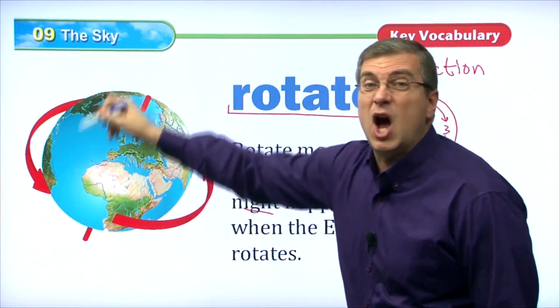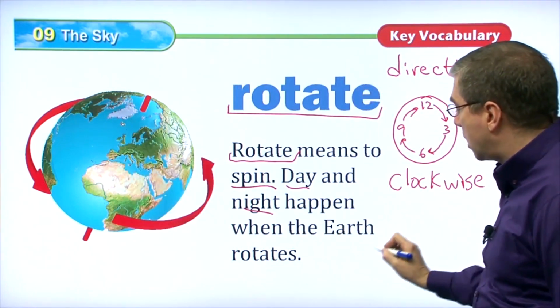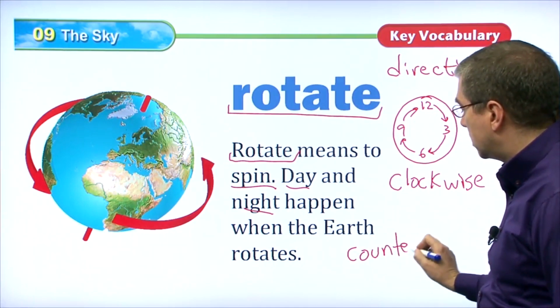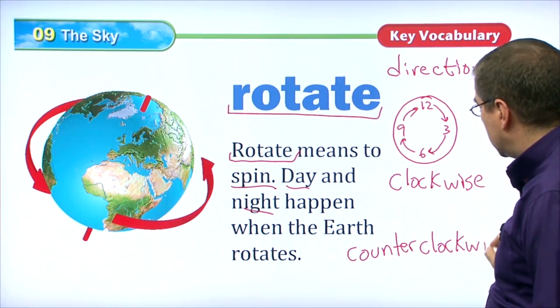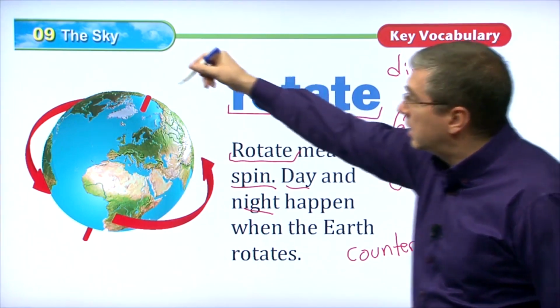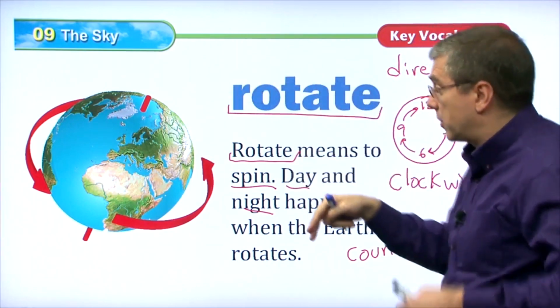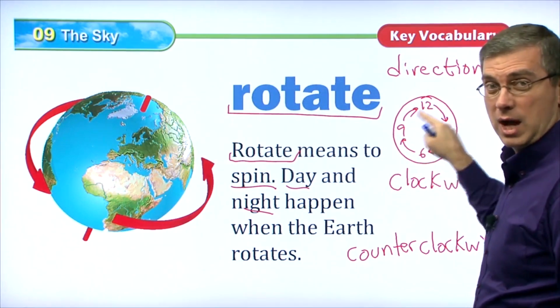However, the Earth doesn't rotate in a clockwise direction. It rotates in the opposite direction. The opposite of clockwise is counterclockwise. And that's important to think about. If we are standing on the North Pole, looking down at the Earth, it is rotating in a counterclockwise direction.